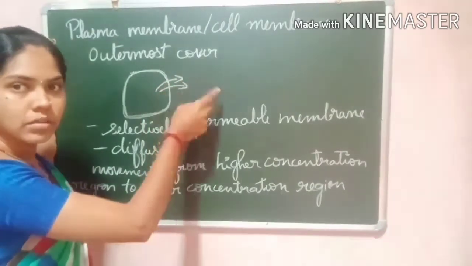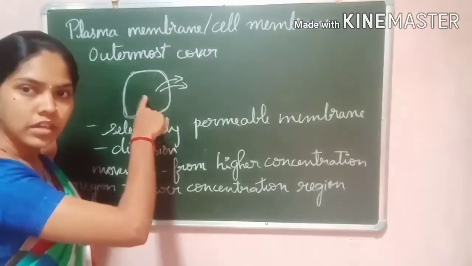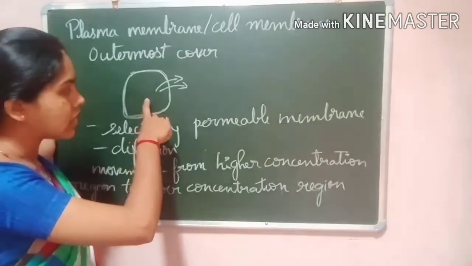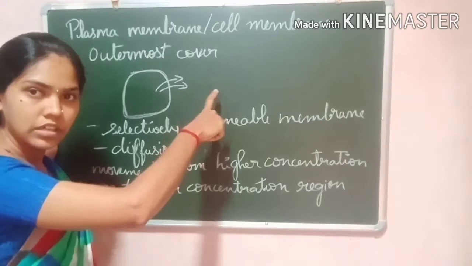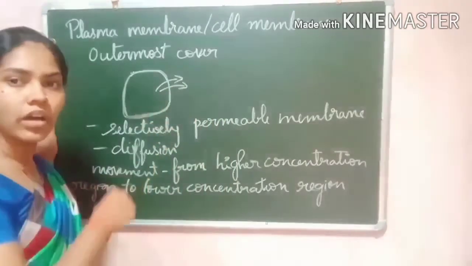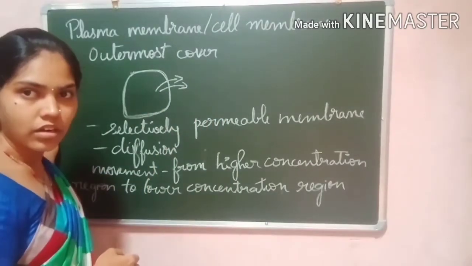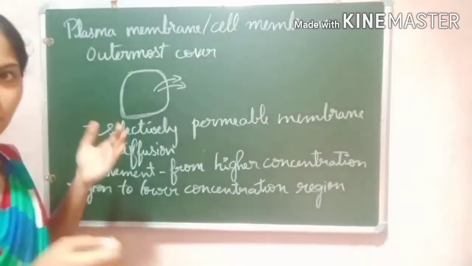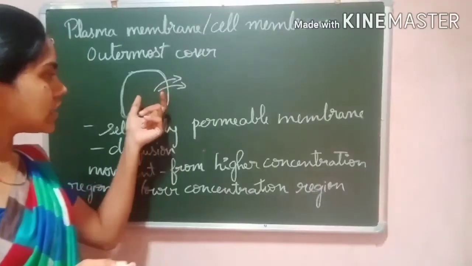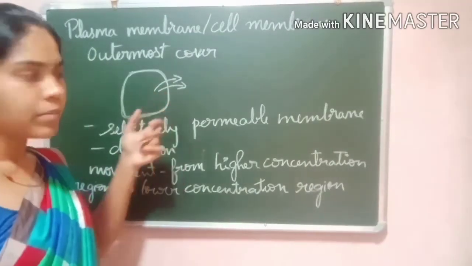So there is a movement of carbon dioxide from the higher concentration region to the lower concentration region. That process we call diffusion. Got it? Like that, whenever the cell requires oxygen, what happens?